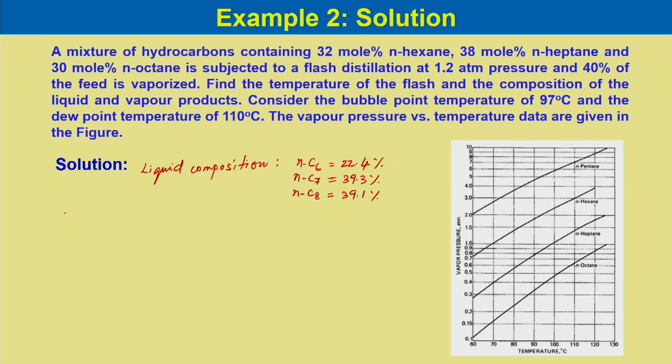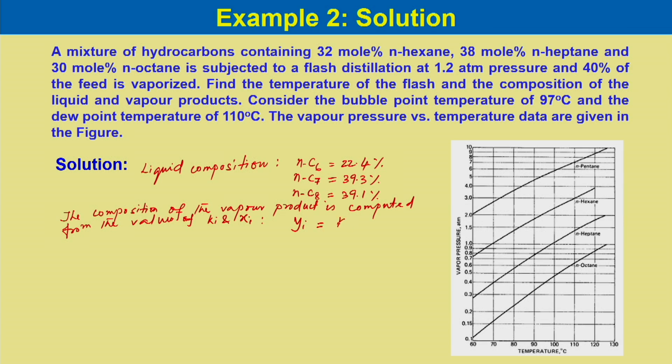Now, the composition of the vapor product is computed from the values of Ki and xi. As we know, yi is equal to Ki xi.